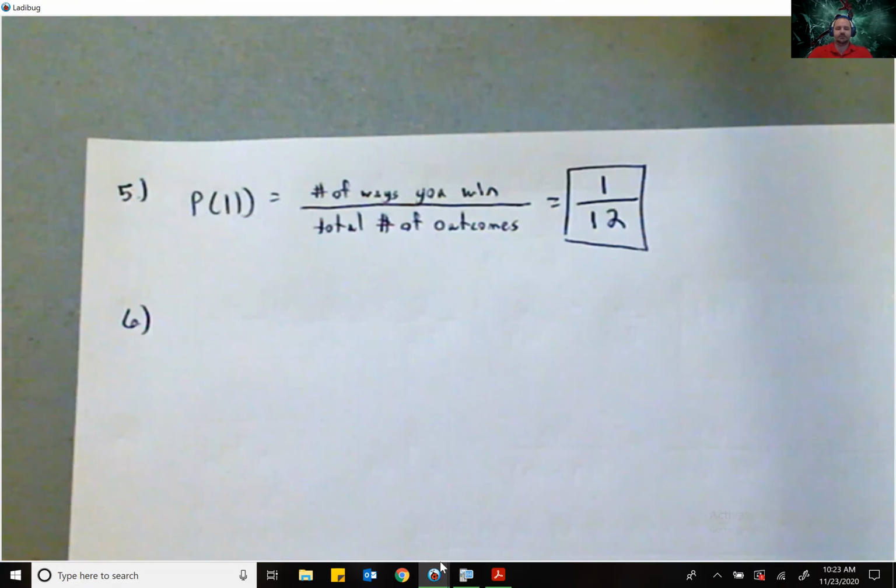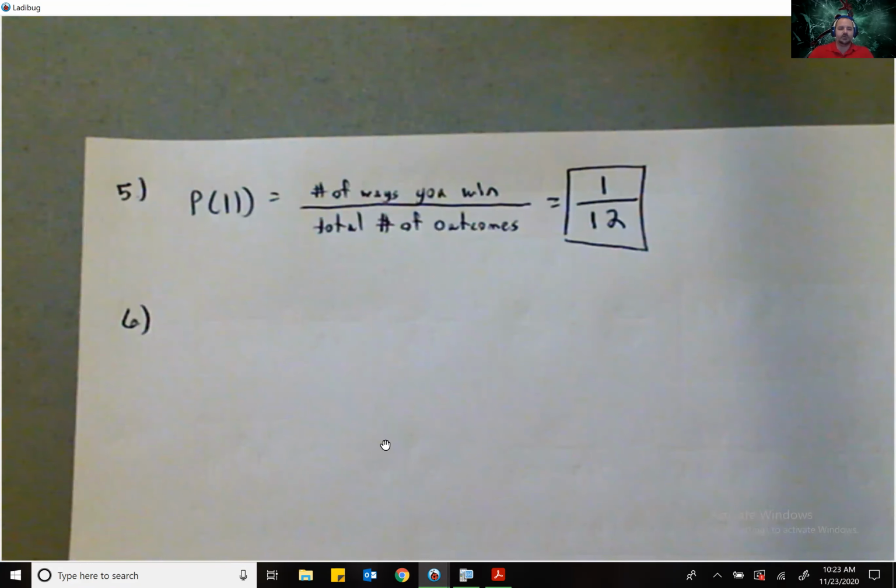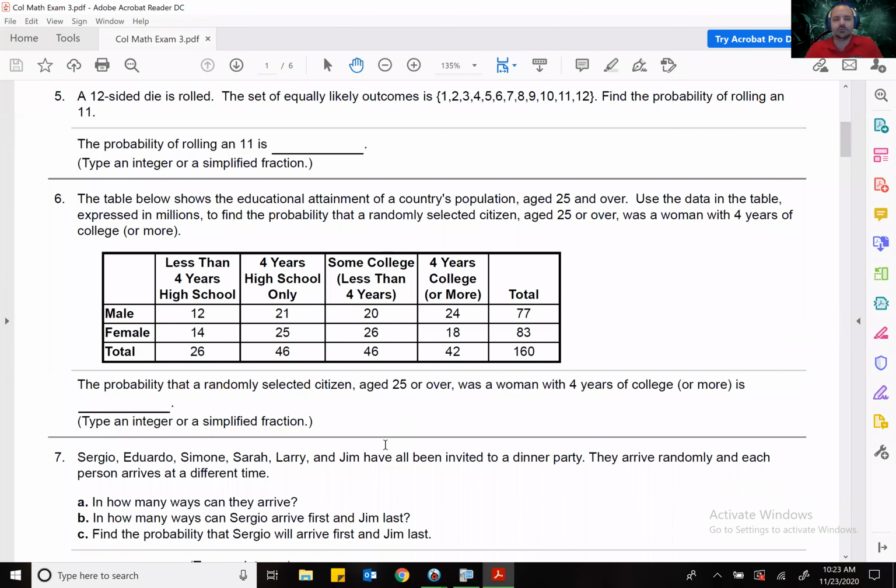Number 6. So number 6 says the table shows the educational attainment of a country's population age 25 and over. Use the data in the table expressed in millions. So this is like 12 million, 21 million, to find the probability that a randomly selected citizen age 25 and over, which all these people are age 25 and over, was a woman with 4 years of college or more.